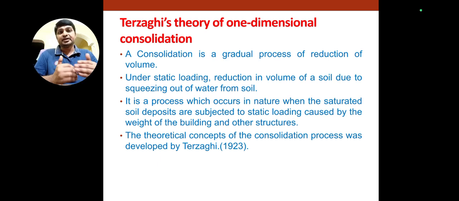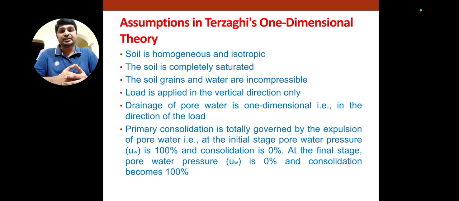The theoretical concepts of the consolidation process were studied by Terzaghi in the year 1923. Terzaghi's theory is a very useful theory for the one-dimensional consolidation process. These are the assumptions made by Terzaghi's theory. The first one is that the soil is homogeneous and isotropic.